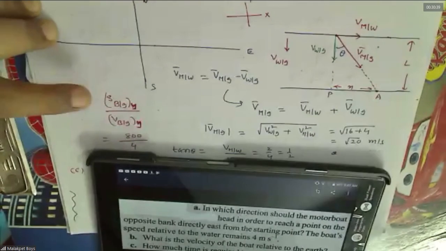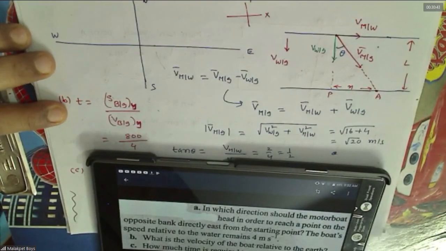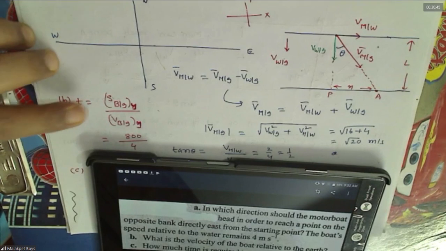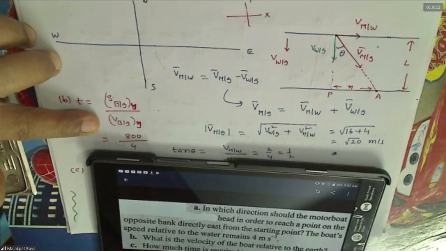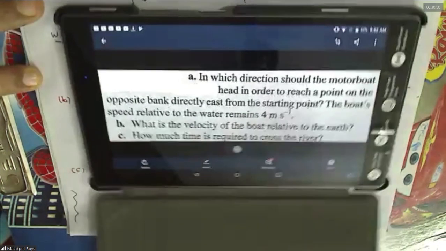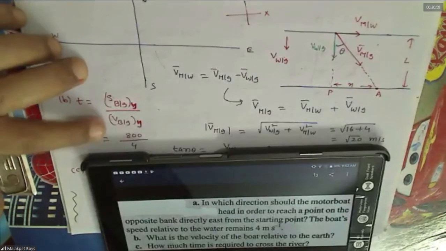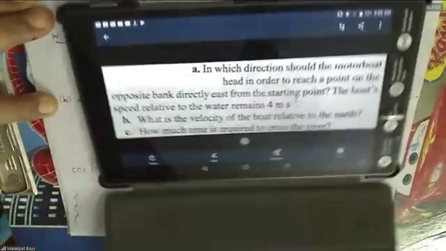I told you yesterday, to find time, what we should do? Displacement in a particular direction with respect to a particular frame by velocity. Remember this? This is component of velocity, this is not speed. Okay, sir. Understood. Thank you.